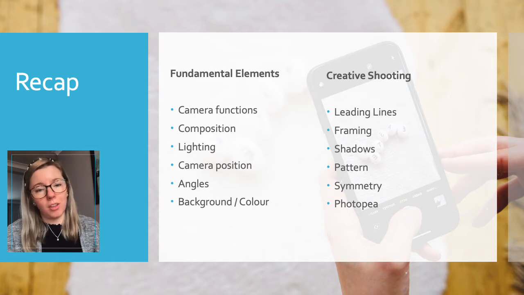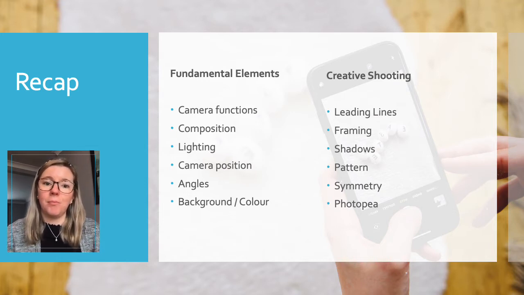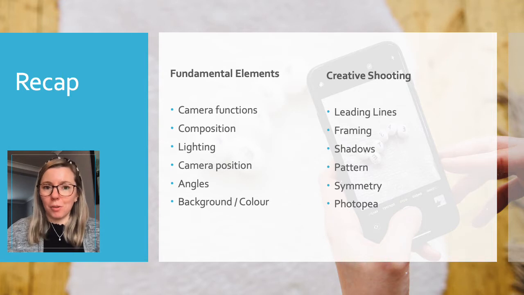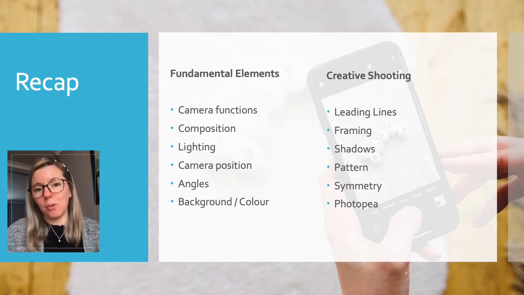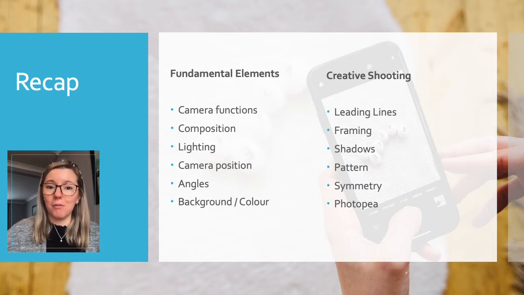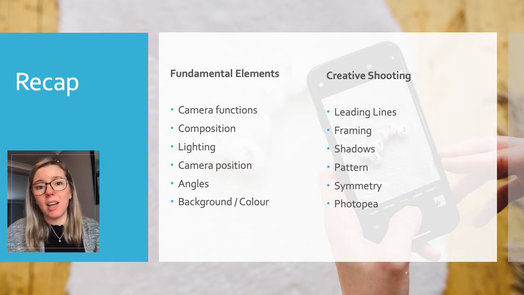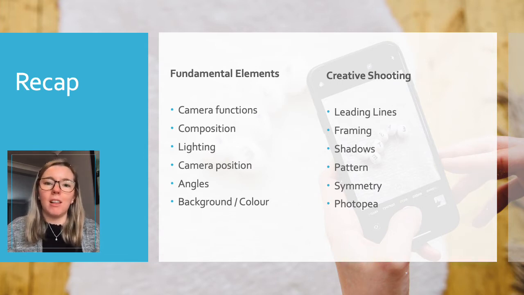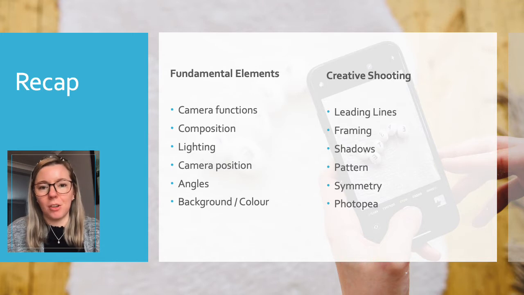So things you could think of during creative shooting are leading lines, framing, shadows, pattern, symmetry, and then even after photographing, maybe you can edit the photo further. You can use Photopea. Some of you are getting quite comfortable with that now. Or even if you're editing it on your phone, if you're enhancing these factors you've already captured, you're going to just really make that photo a little bit more successful.